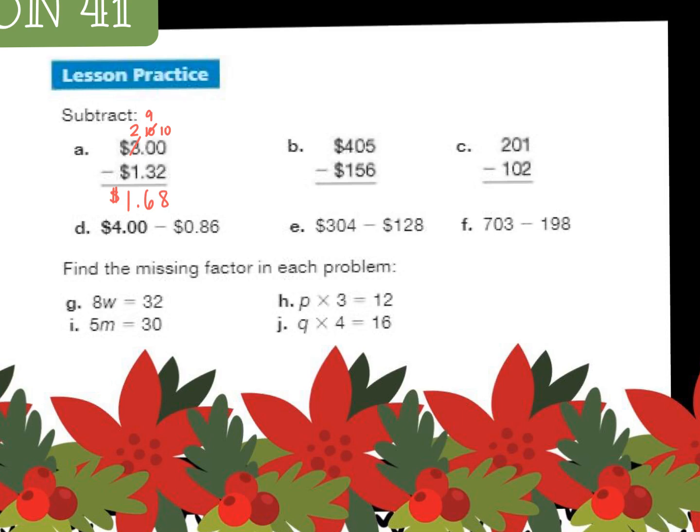Okay, for the next one, $405 minus $156. What's the first thing that I would do, Reagan? You would subtract the 3, or the 3 and the 1. I can't subtract anything yet. What do I need to do? I can't do 5 minus 6, so what do I need to do?